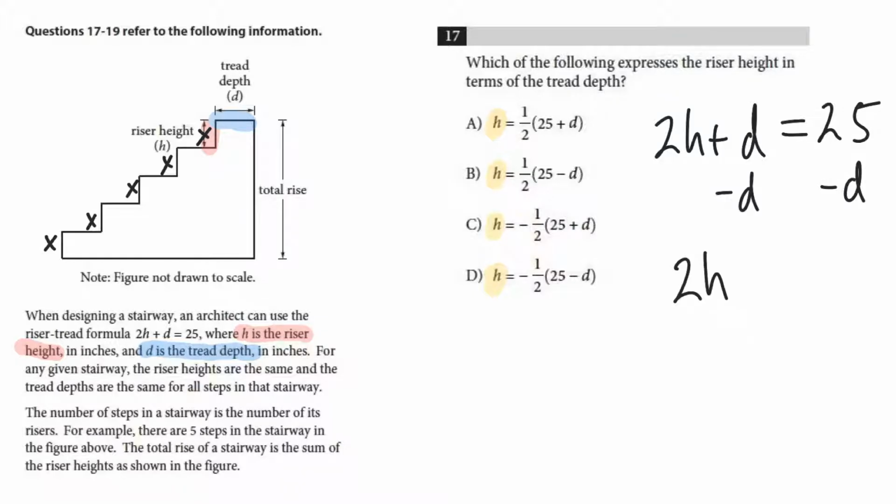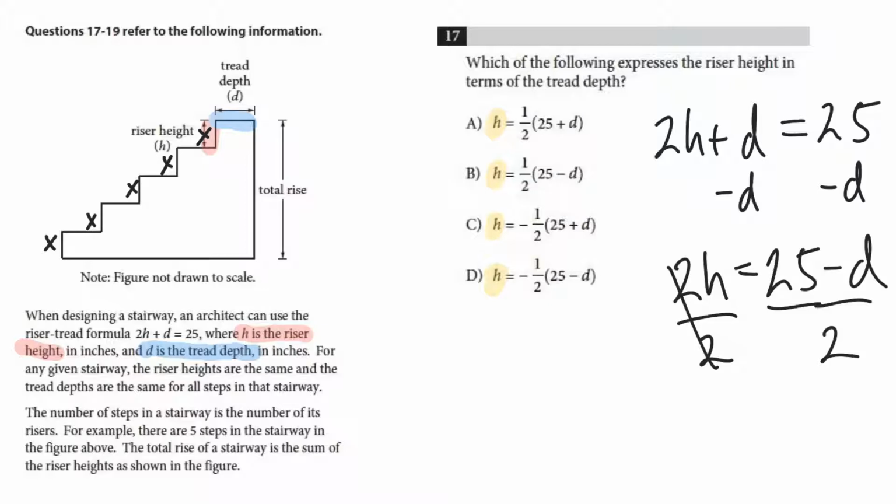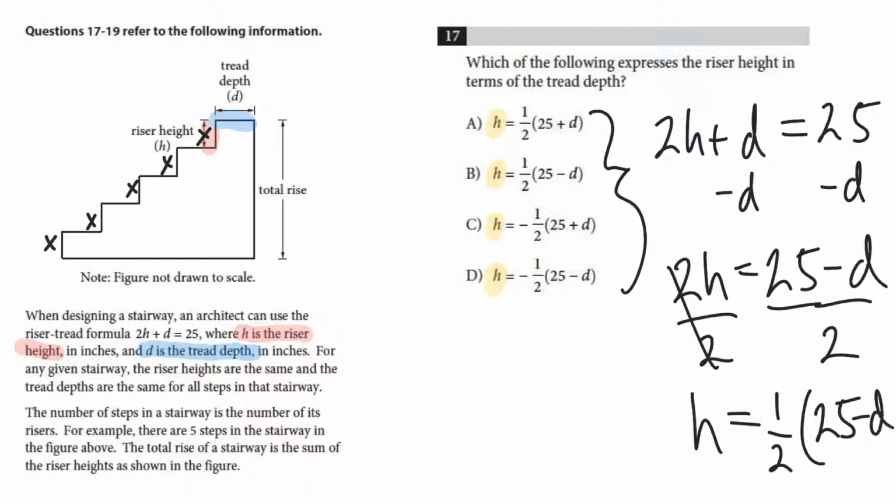We get 2h equals 25 minus d. And then we're going to have to divide everything by 2. Okay, so that's going to be h equals, and it looks like for all of these answers here, they pulled that dividing by 2 out front as a coefficient of 1/2. That's fine. 1/2 of 25 minus d. Okay, so h equals 1/2 (25 minus d). That is going to be answer B.